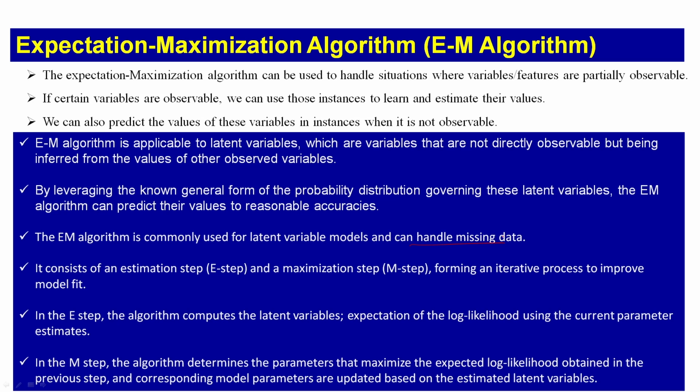As I said, it is applicable to latent variables, which are variables that are not directly observable but inferred from the values of the observed variables. Let us talk a little more on the board. This is also called a probabilistic algorithm.